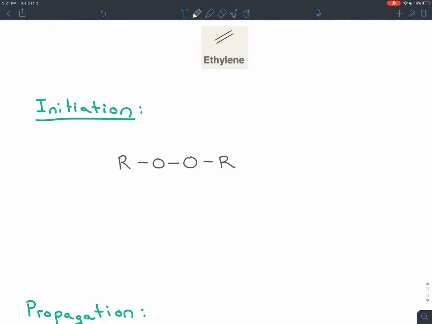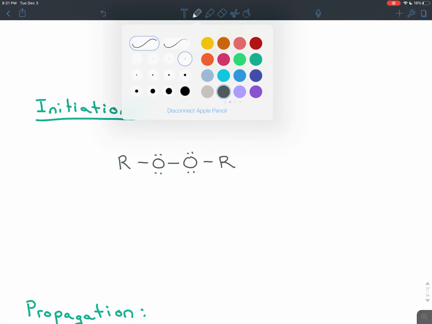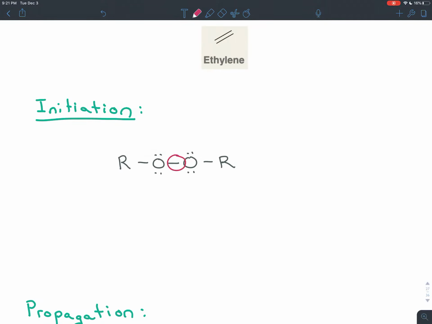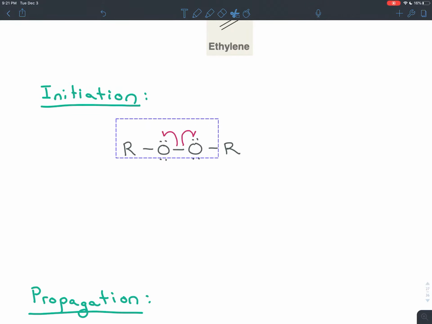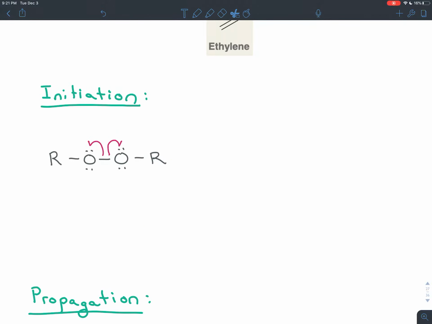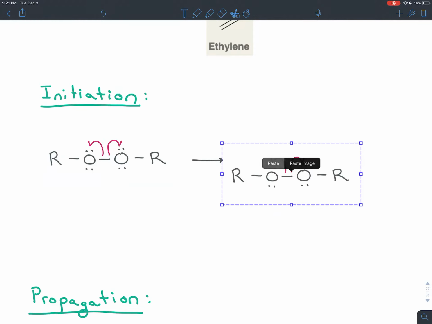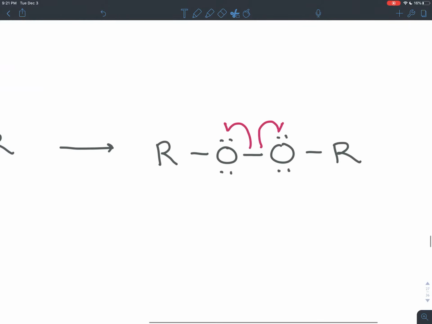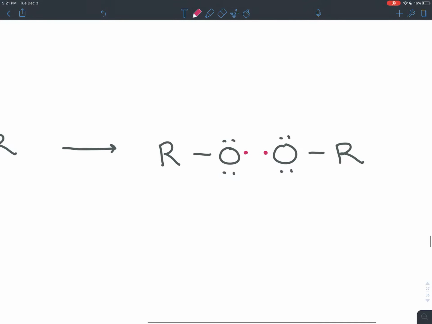It breaks very easily. All you have to do is heat it up a little bit, and this bond between the two oxygens will crack open. One electron will go on one oxygen, the other electron will go on the other oxygen, so you have that homolytic cleavage that creates two radicals. So this bond here breaks, and the two electrons in it become two radicals, one on each of the oxygens.